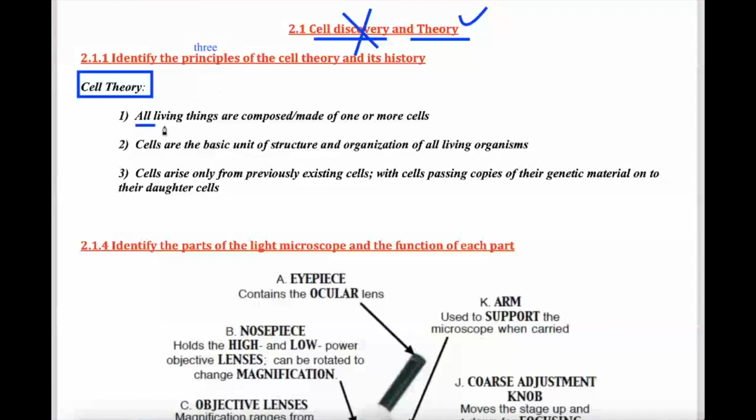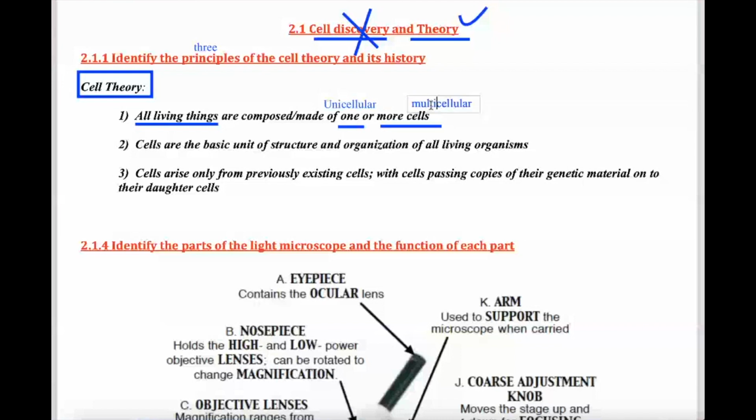Number 1, all living organisms are made up of one or more cells. There are some organisms which are unicellular, made up of one cell, like bacteria, prokaryotes, and there are those like us who are multicellular, made up of many cells.